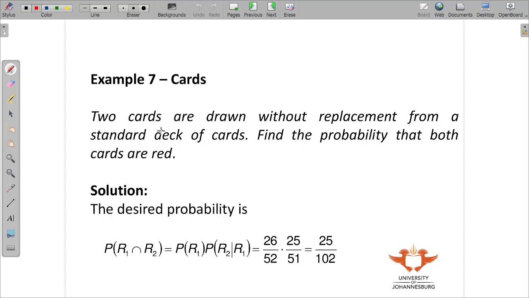All right, so let's take this example now. Two cards are drawn without replacement from a standard deck of cards. Find the probability that both cards are red. Okay, don't forget again, standard deck of cards. You need to know what it is. So in a standard deck, don't forget we have 52 cards. Out of this 52, we have 4 suits.